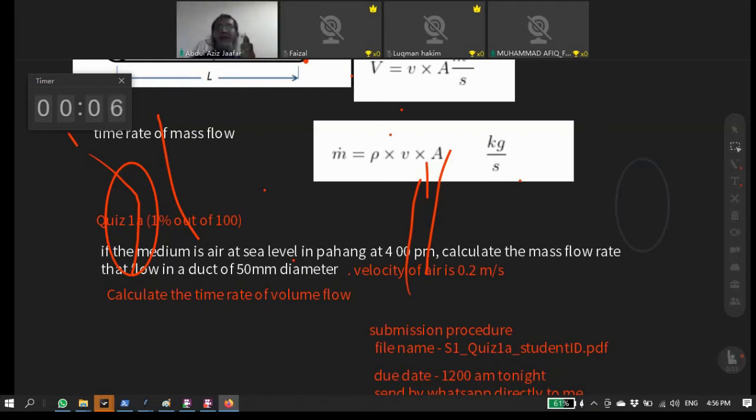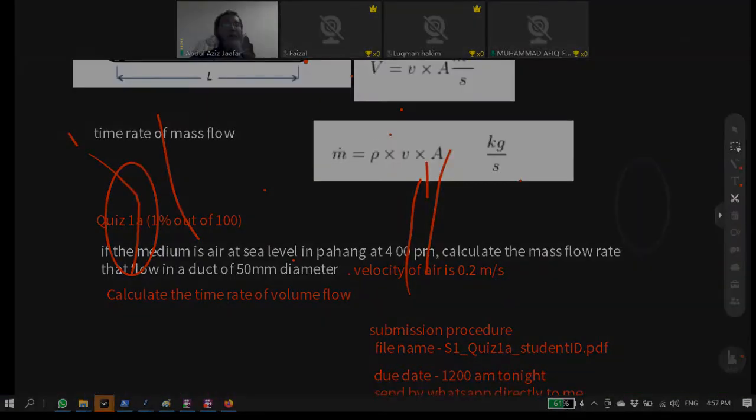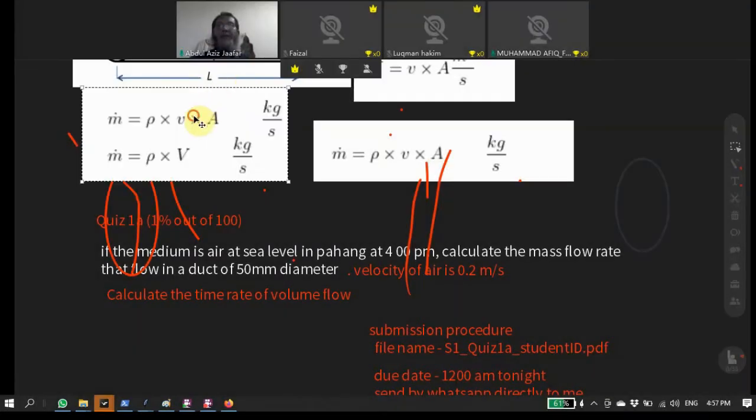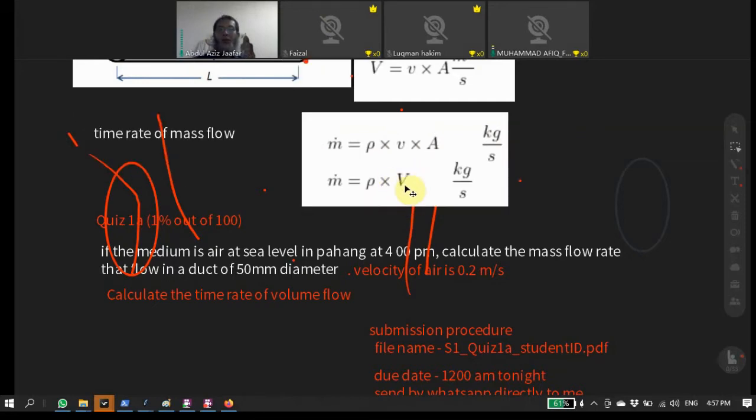This is also possible to get the mass flow rate, the density rho times the volume flow rate. So there is another equation that you can use to calculate the flow rate.